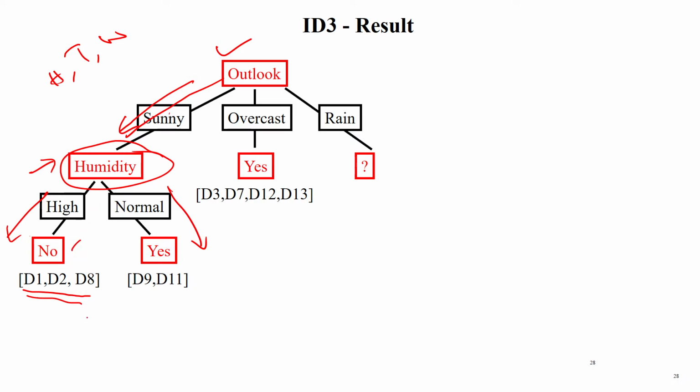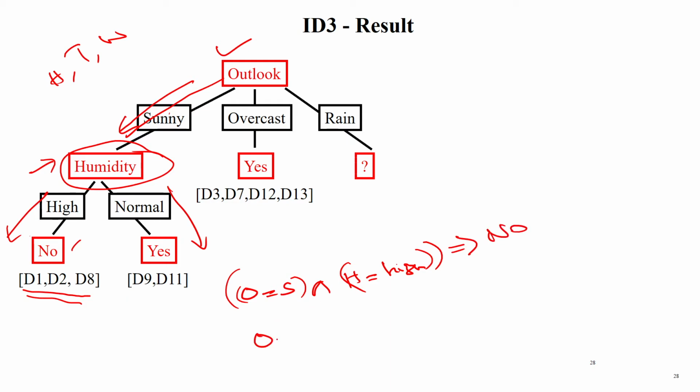So this means you look at that, when outlook equal to sunny and humidity is high, in this case there is no possibility of playing tennis. This is the meaning.